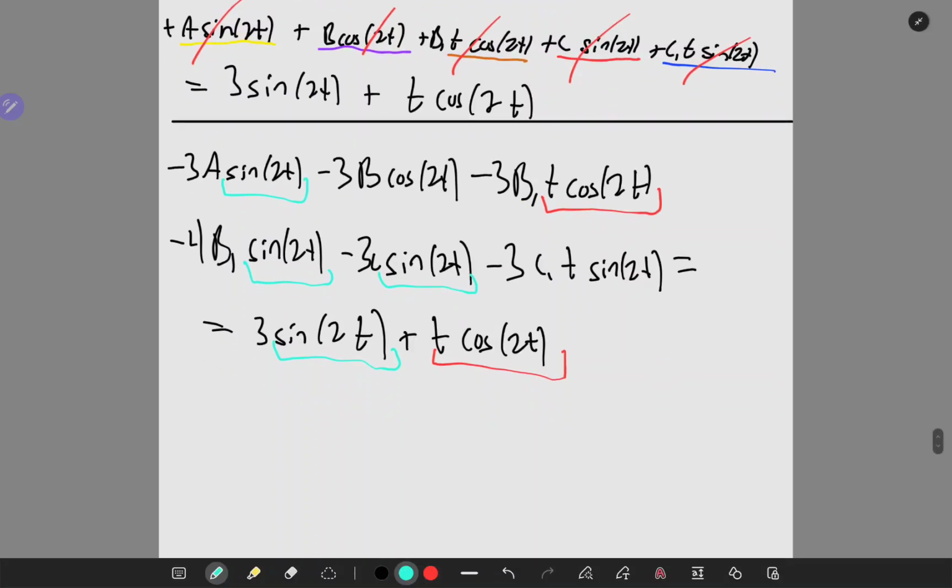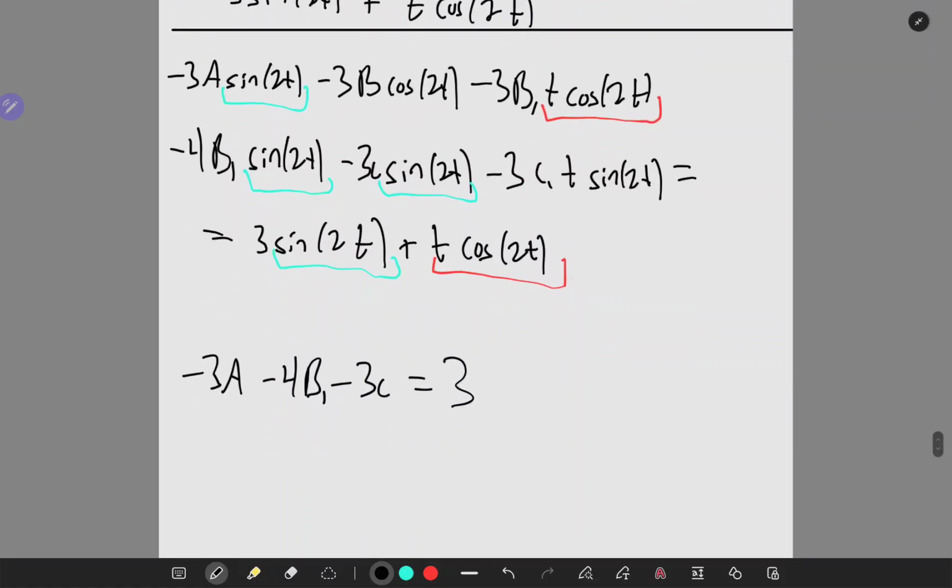So the green ones, we're going to combine together. So minus 3a minus 4b1 minus 3c is equal to 3. And for the red ones, we're going to have minus 3b1 is equal to 1.